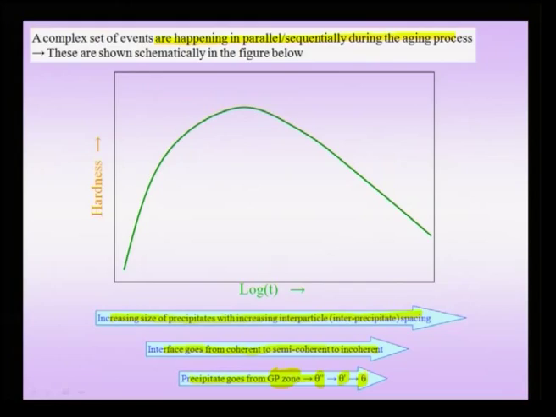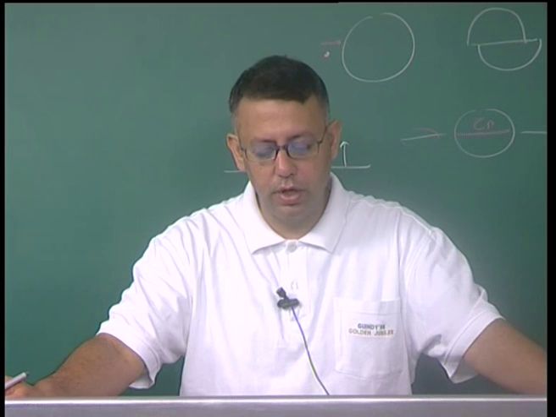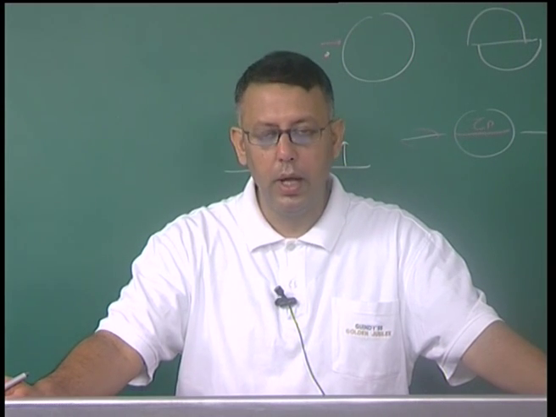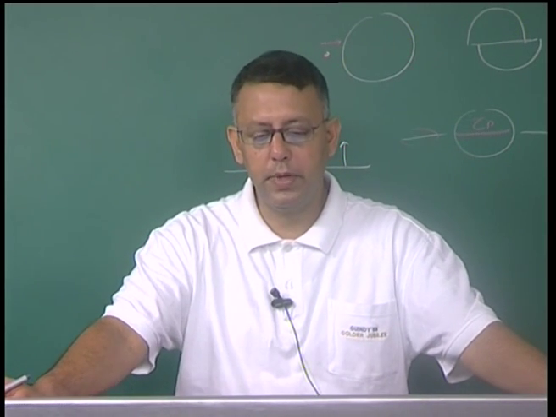In other words, the process is very complex, but I can broadly understand that I go from the supersaturated solid solution to a GP zone to theta double prime to theta prime and theta, and all this sequence usually happens when I age at low temperatures like 180 degrees Celsius. I also have to track the interface characteristic, which tends to go from coherent to semi-coherent to incoherent, and the interprecipitate spacing.